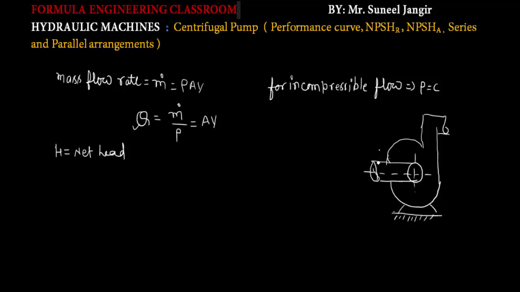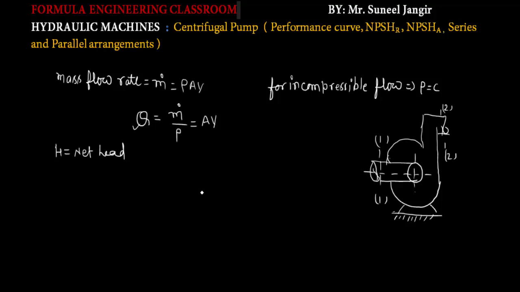Let's suppose this is section 1 and this is section 2. So we are considering two stations here, station 1 and station 2. One is at the inlet, another one is at the outlet.